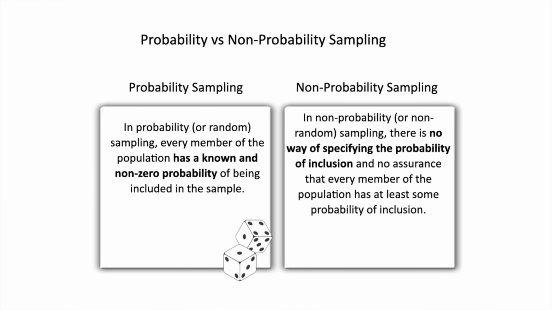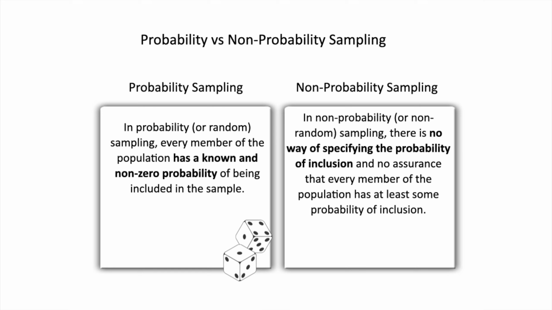Okay, so why do we care so much about a random versus a non-random sample? Or why do we care so much about a probability sample versus a non-probability sample? And this cues the numbers that are going to come later on when we're talking about probabilities, right? So a probability sample is a random sample. In a random sample or probability sample, the most important thing you need to know about it is that every single member of the population has a known non-zero probability of being included in the sample.